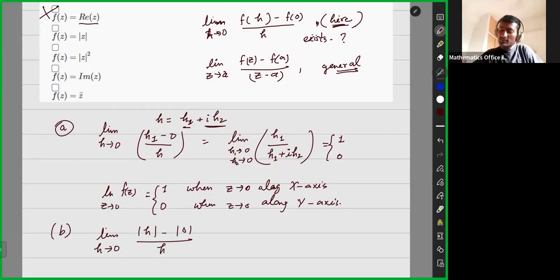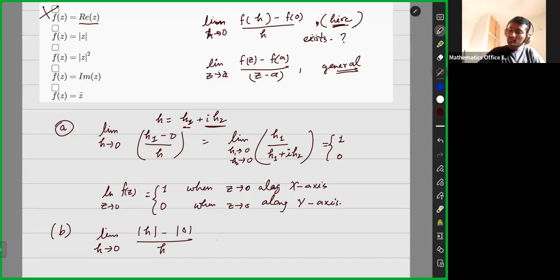So mod h divided by h, what is this? When we approach via the x-axis, mod h becomes h, h also becomes h, and it becomes 1.